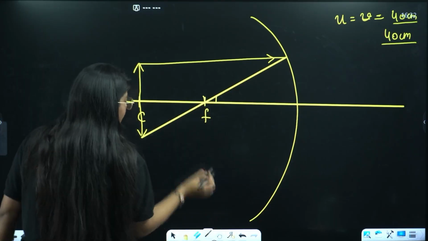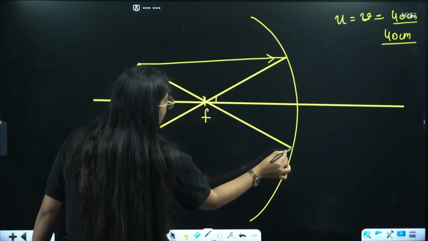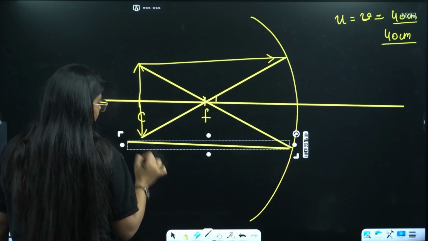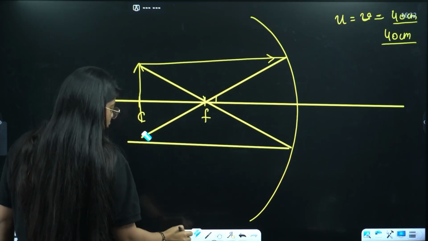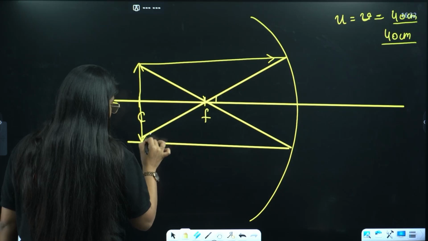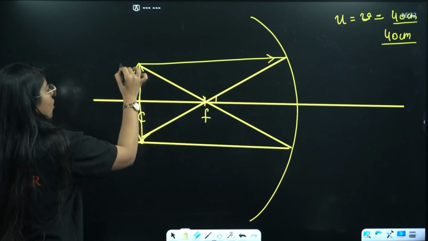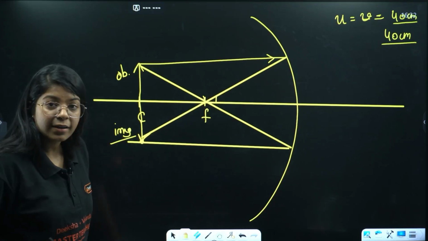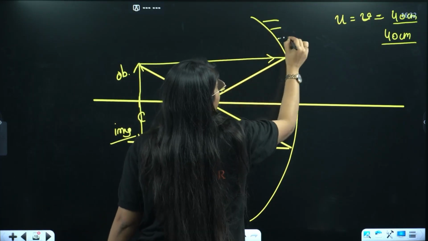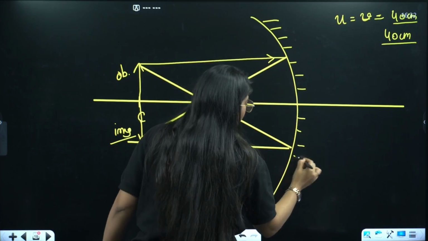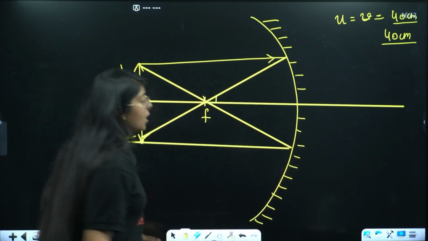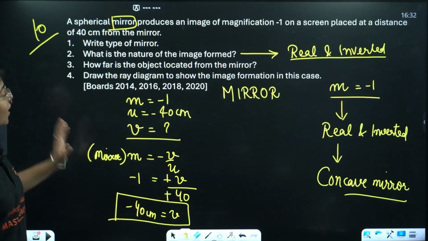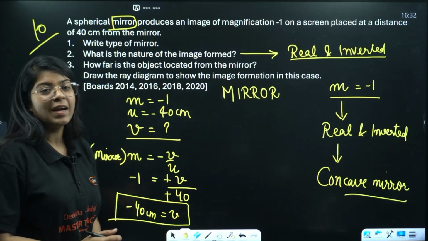Then another ray passes from the focus and bounces back, and it will come to the point, and this is your image. So this is your object and this is your image. Understood? Clear? Make sure to draw this on your concave mirror, so that you are telling them directly that this is the reflecting side. We are done with the 10th numerical of this session.